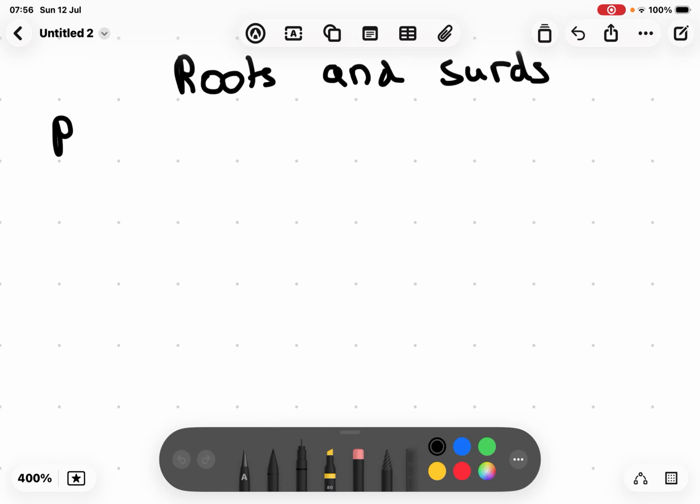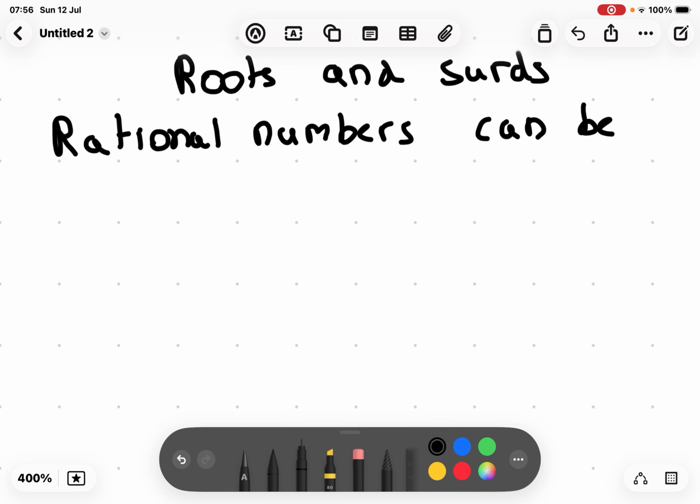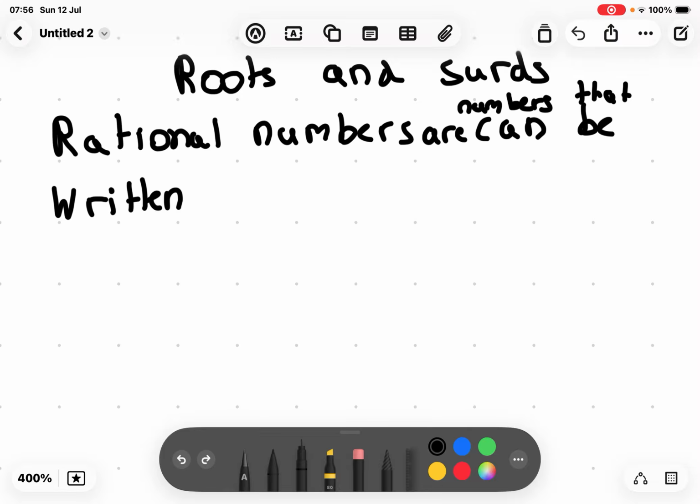So basically, rational numbers are numbers that can be written as fractions.